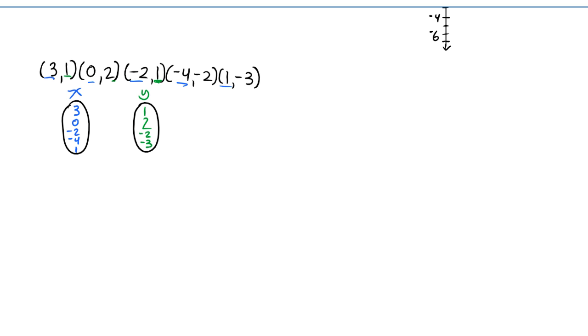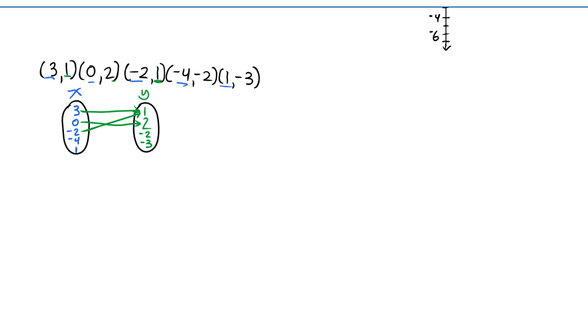So now we need to point to what they correlate to. So we have 3 to 1, we have 0 to 2. Now we see that this -2 points to this 1. Now, we're not going to talk about it today, but this will come into play later when we start talking about functions.